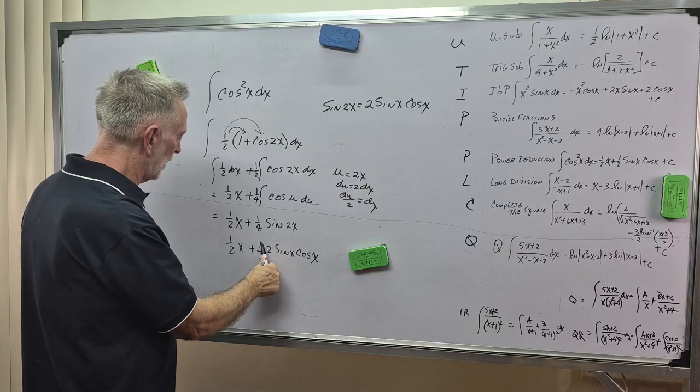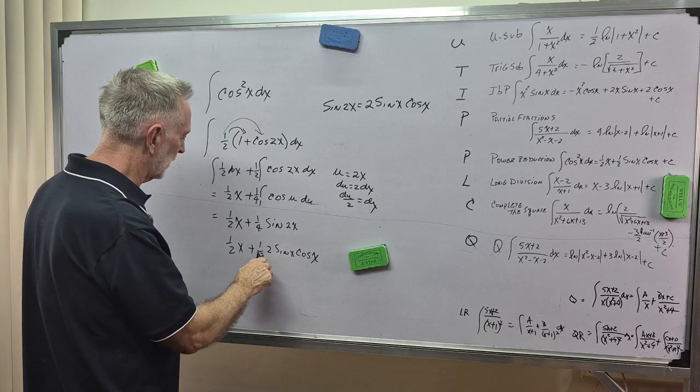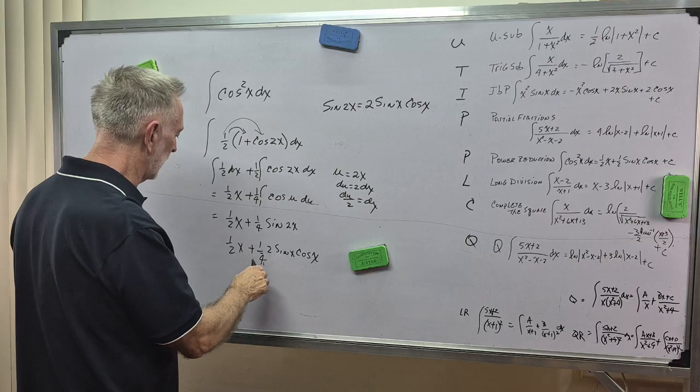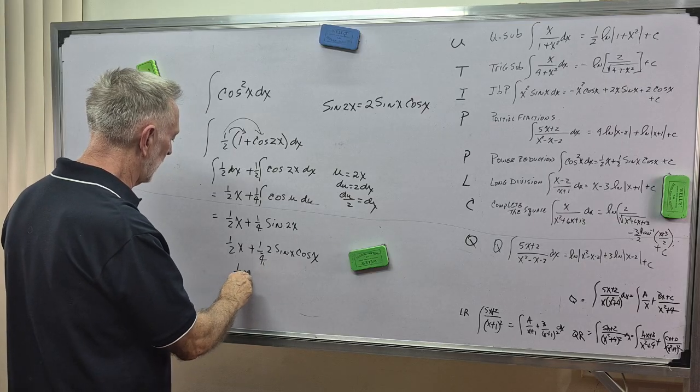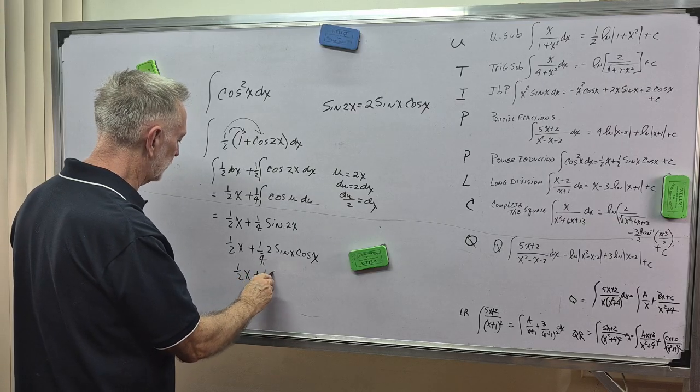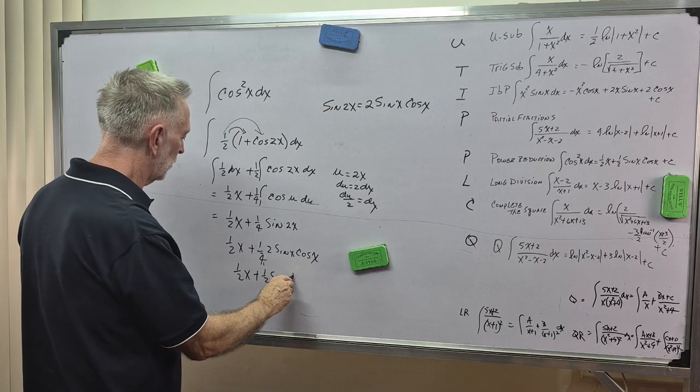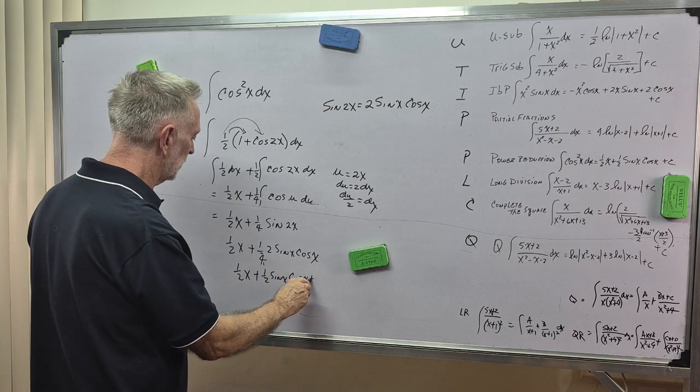All right, so now we have 1/4 times 2 sine x cosine x. So that's 1/2 x plus 1/2 sine x cosine x plus c.